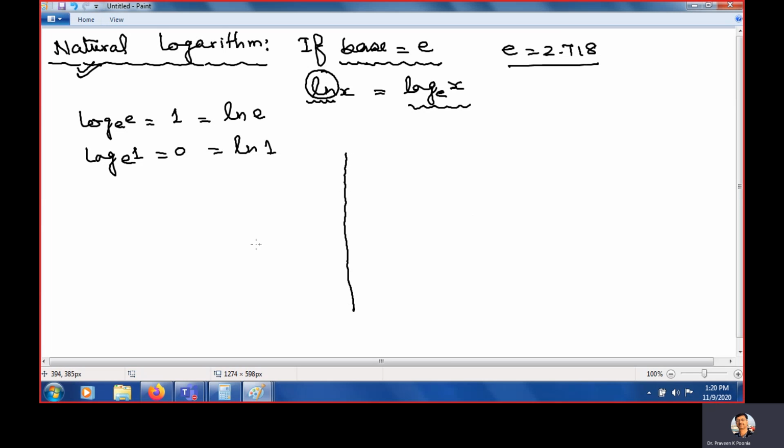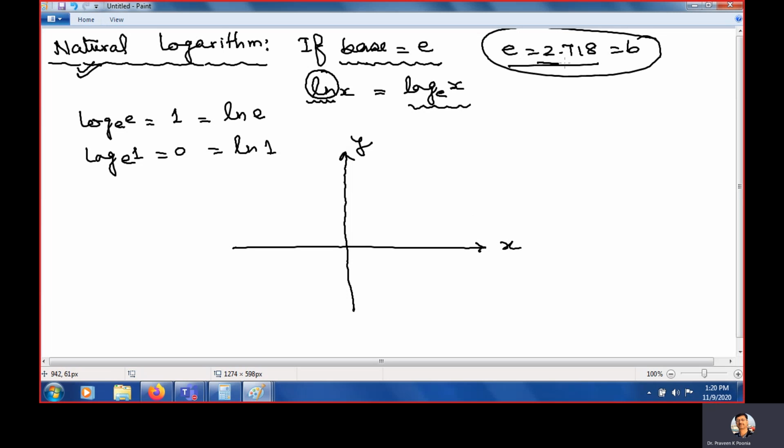So all the rest of the properties remain the same. There is no change in the properties of the natural logarithm, because here the value of b is e, which is greater than 1. So the graph of this function will be like this one. It passes through 1, 0 here. It is increasing.